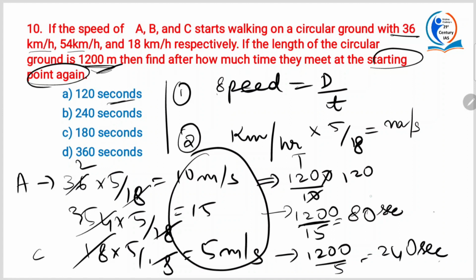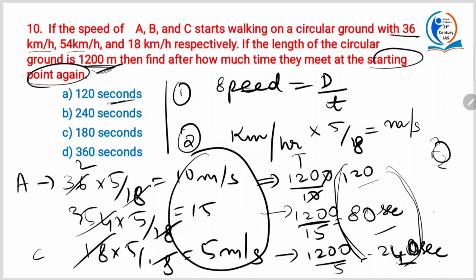Okay, now A, B and C will meet again at a time which is a multiple of 120, 80 and 240 seconds. Alright. When we are saying multiple, it should be LCM, lowest common multiple. So now what is the LCM of 120, 80 and 240?